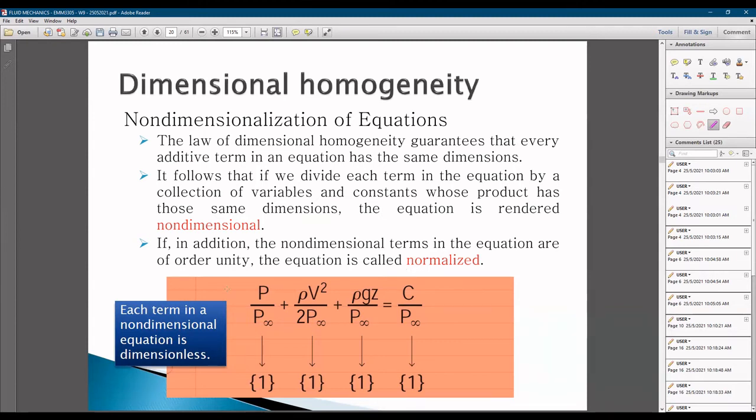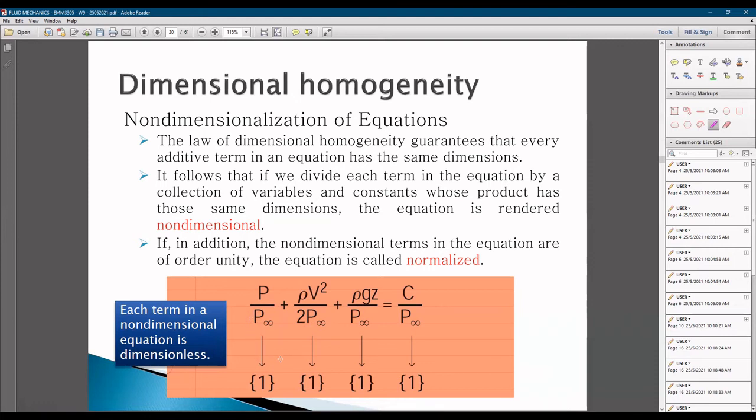Each term in a non-dimensional equation is dimensionless. Like this, it is being normalized, so no units at the end of the day.